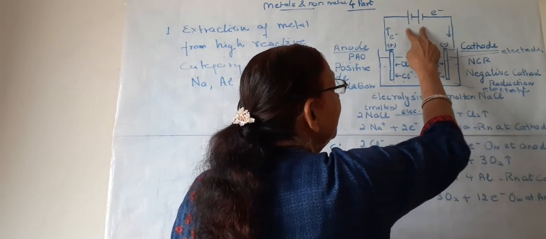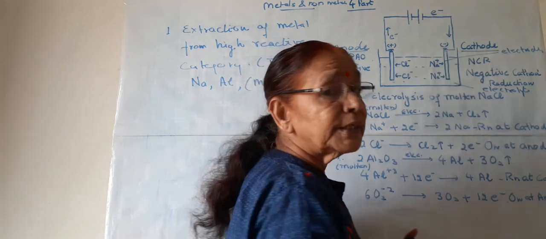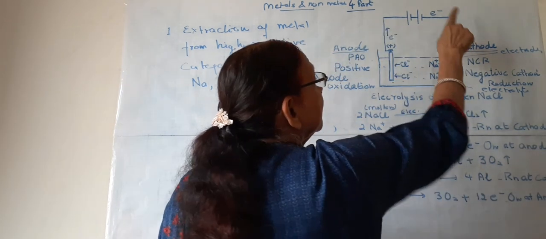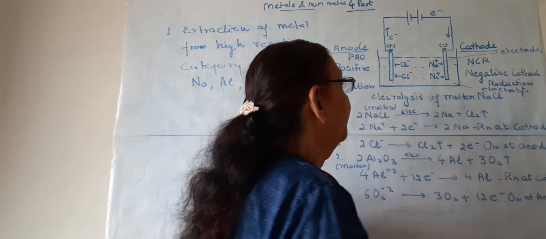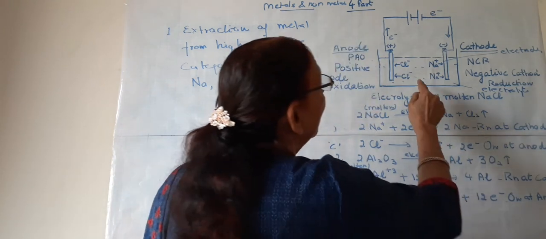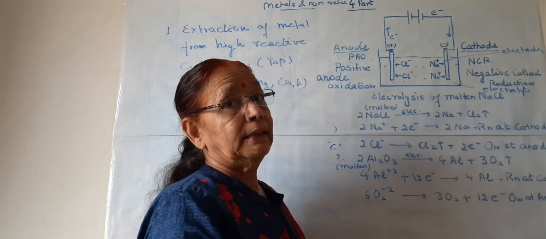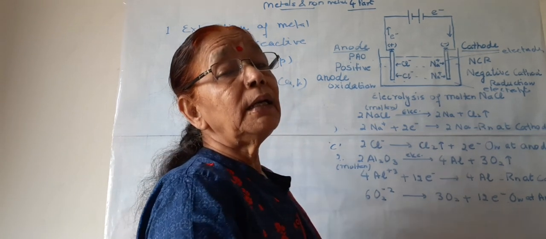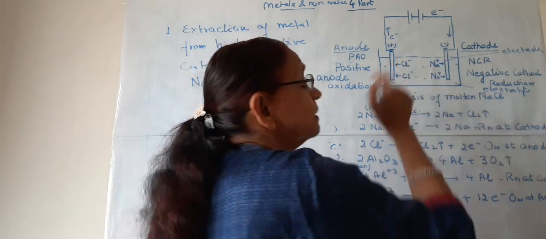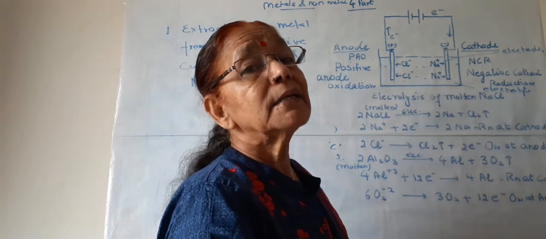This is the battery and these two electrodes are joined by the conducting wire to this battery. Suppose we have taken molten NaCl in this electrolytic cell.